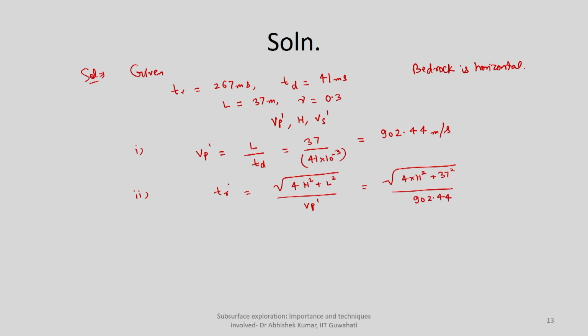Solve it, and this Tr value is given as 267 into 10 raised to the power minus 3. If you solve this equation, you will get the value of H equals 109.04 meter.